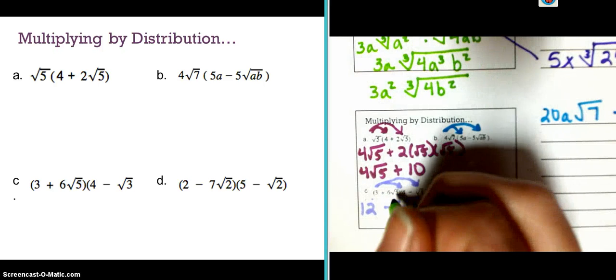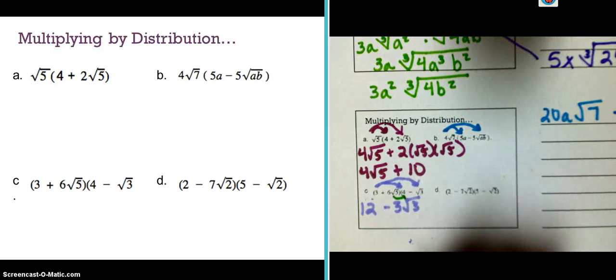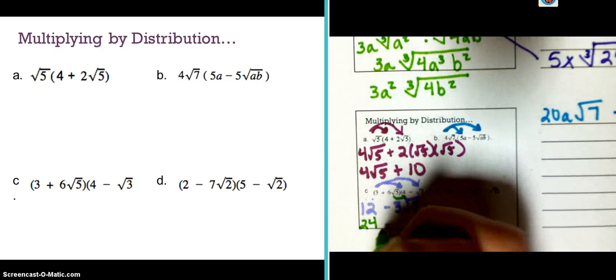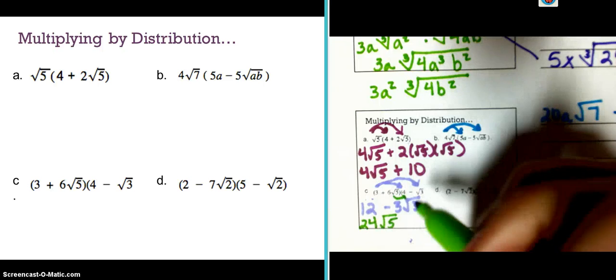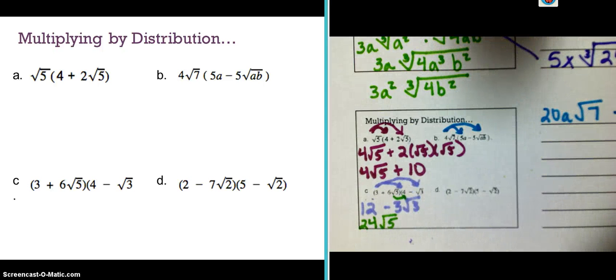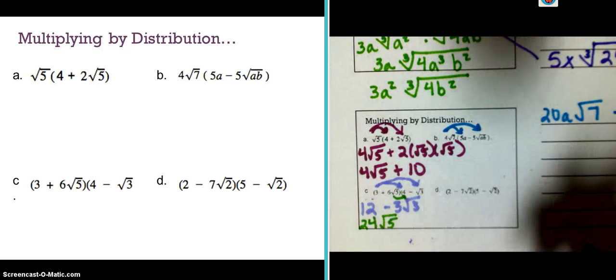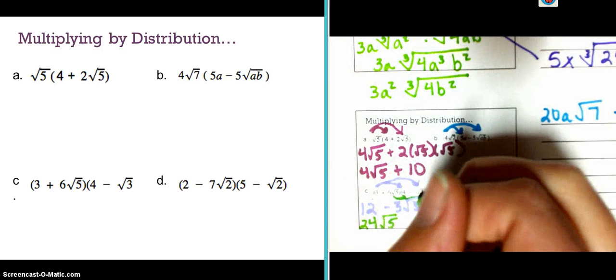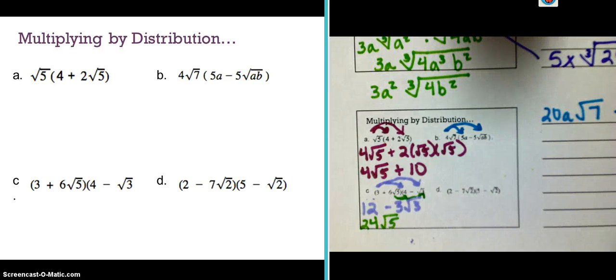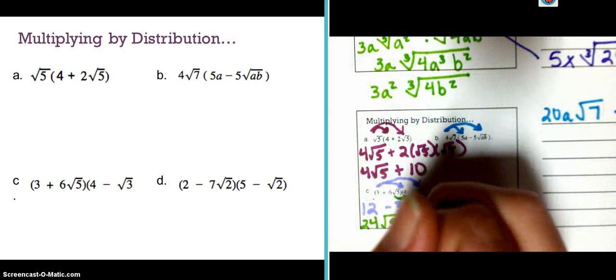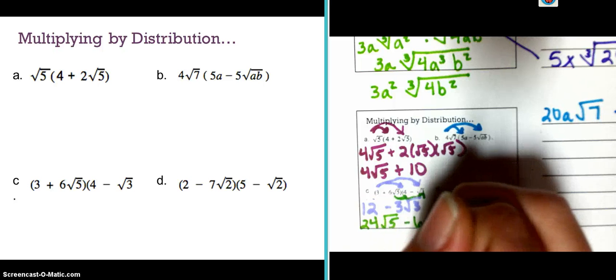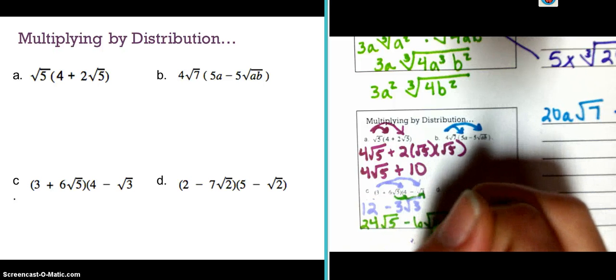I have 6 square root of 5 times 4, so I get 24 square root of 5. There's no other radical for me to multiply with, so I just multiply my numbers that are outside. And then for the last one, I have 6 square root of 5 times negative square root of 3. That's going to be negative 6, multiply what's under my radicals, square root of 15.